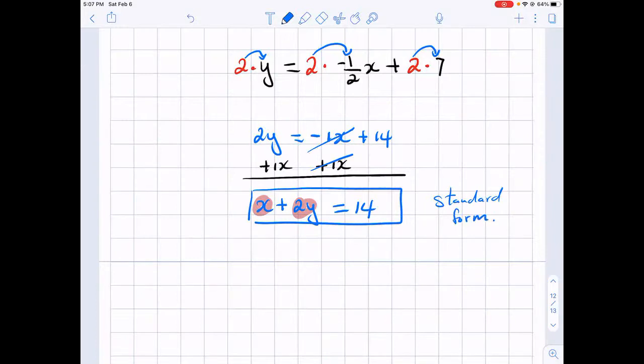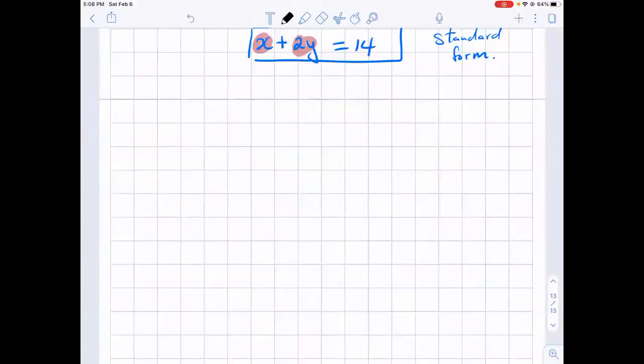Okay. Now we could also do an example where we say that the line is parallel.